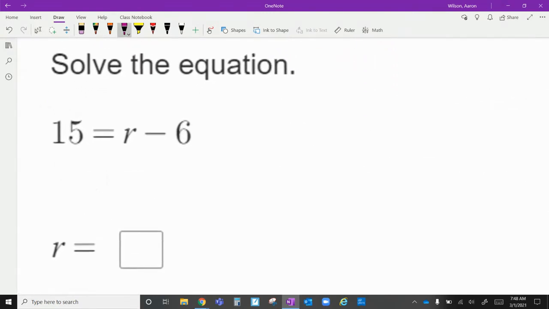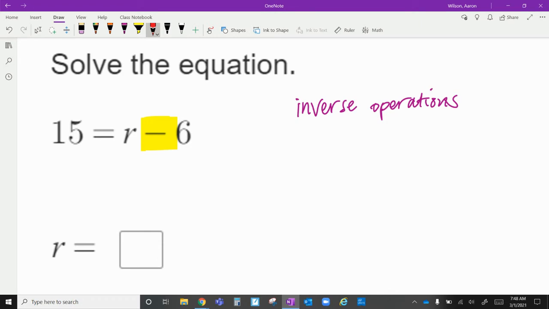Now into actually solving the equations. This is where we are going to be using inverse operations. The moment I see subtraction right there, that means we are going to solve this by using addition. I'm going to be adding to figure out the answer. This isn't a guessing game. You don't just start plugging in values for r to make the equation true.